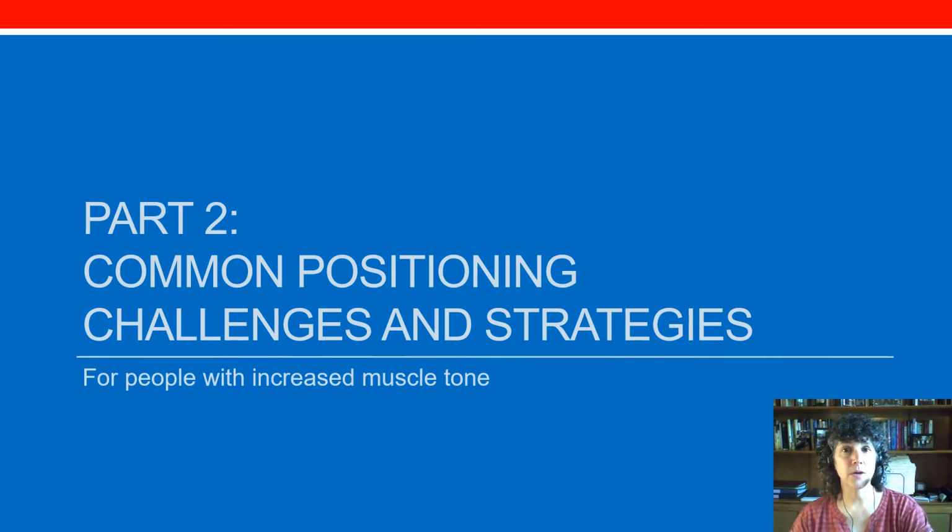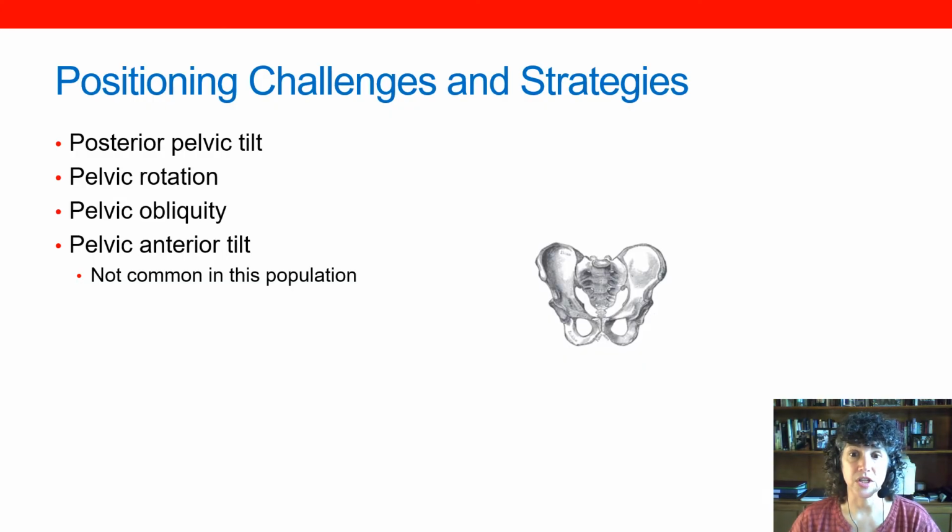So let's talk about some of these common challenges we see when positioning someone with increased tone. Well, with the pelvis, we often see a posterior pelvic tilt, pelvic rotation, pelvic obliquity, and occasionally pelvic anterior tilt, though this is not as common in people with increased tone.